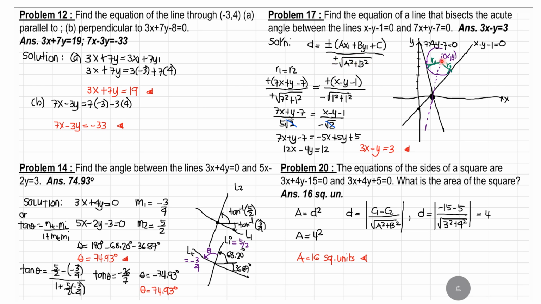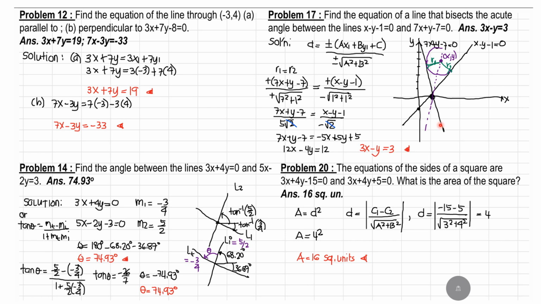So if I call this r1 and that is r2, same as that distance there, r1 and r2 are perpendicular distances from these lines respectively. So r1, this is line 7x plus y minus 7 equals 0. That is treated positive because this point, which is denoted by x comma y, is above this line.